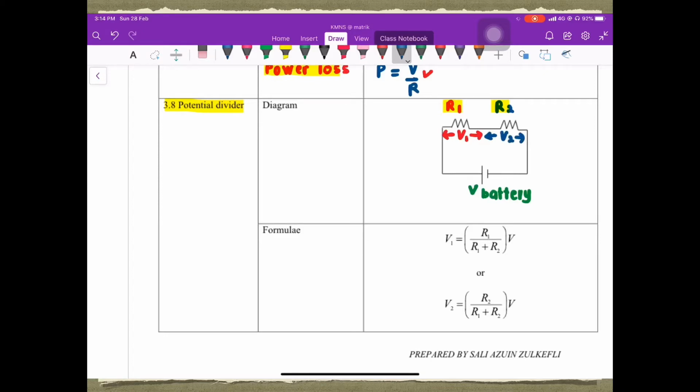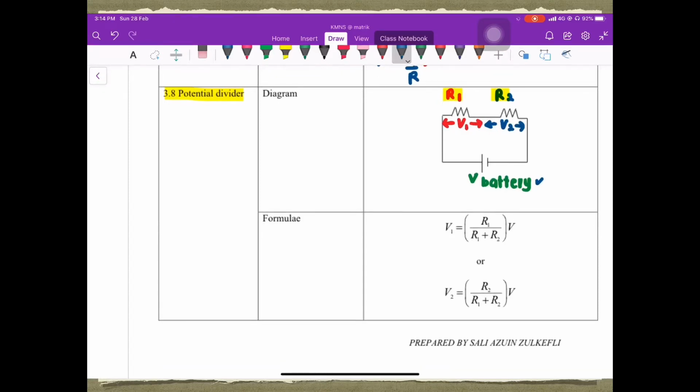This is the power supply. If we want to determine this value, we can use V1 equals R1 over R1 plus R2, times V. V here refers to the battery voltage. Same with V2. That's why we call it a potential divider.